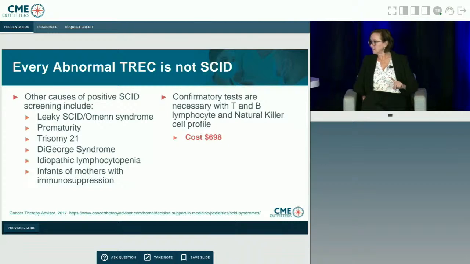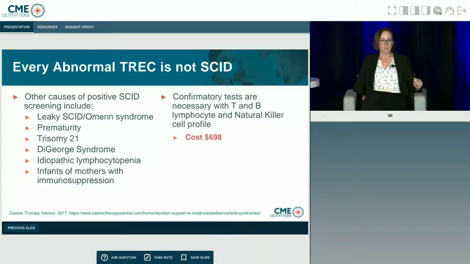Not always, but it can be picked up, especially if it's a complete DiGeorge. Also idiopathic lymphocytopenia, and infants who come from mothers who are on immunosuppression, and this is becoming a more common phenomenon. We have a lot of mothers who are on targeted immunotherapy for their IBD, for their RA, and can safely become pregnant and carry a pregnancy, and sometimes these infants are coming to light through TREC screening.